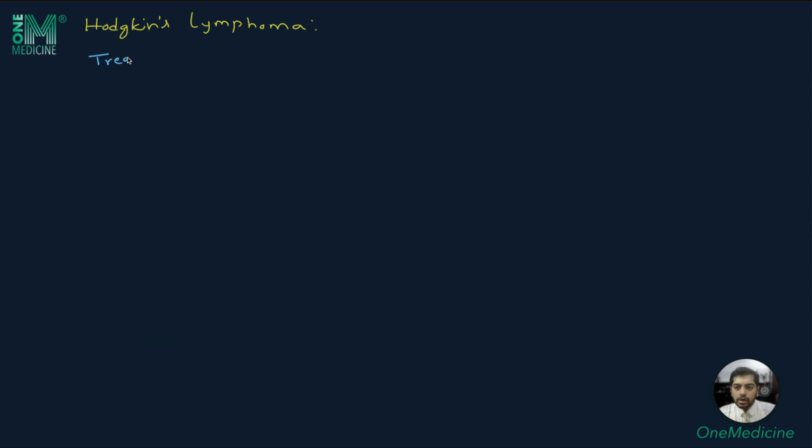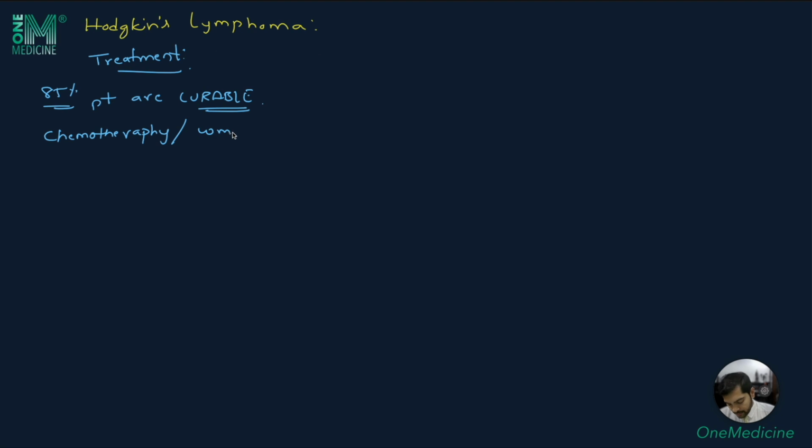Let's now look at the treatment for Hodgkin's lymphoma. About 85% of the patients are curable. The choice of therapy is usually either chemotherapy or combined modality. Patients in stage 2 usually receive a medication regimen called ABVD regimen, given in 2 or 4 cycles.